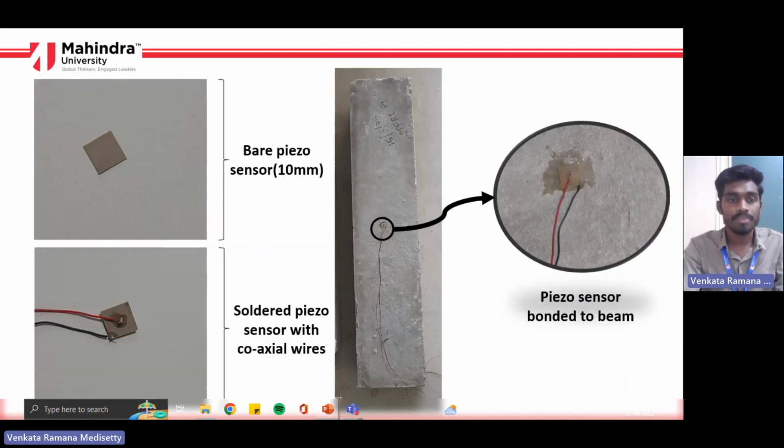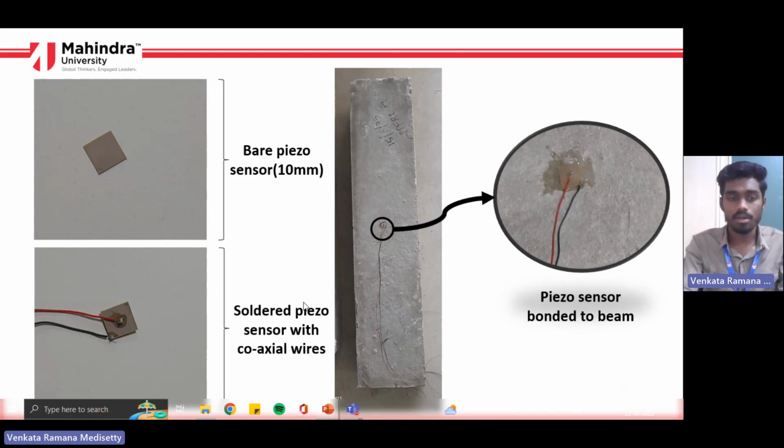And this is how, apart from casting, I bonded a sensor. This is what we call a piezo sensor. This is a 10 square patch. This is a bare PZT image, and then I bonded coaxial wires to its negative and positive terminals. As we can see, a small portion over here and a bigger portion.